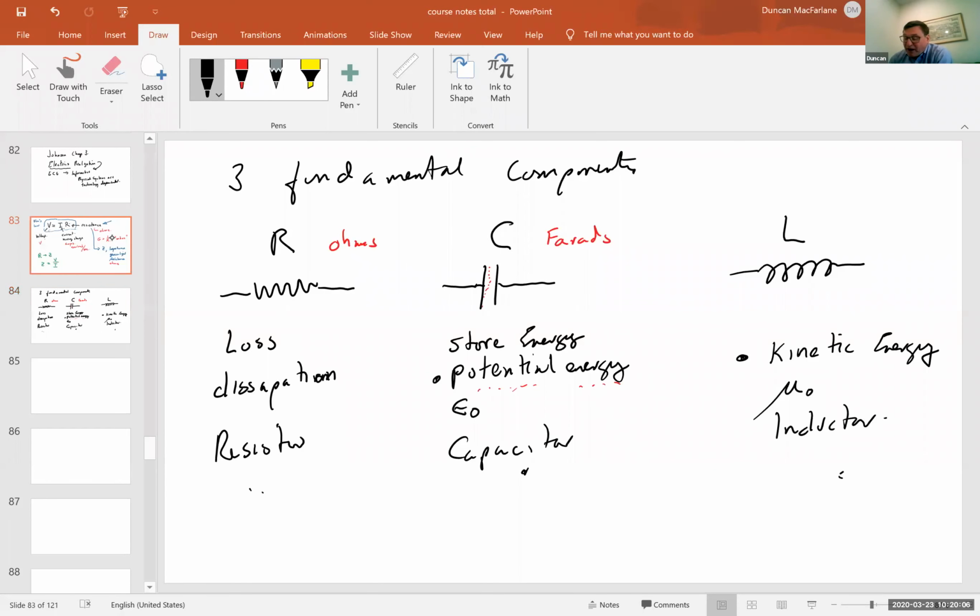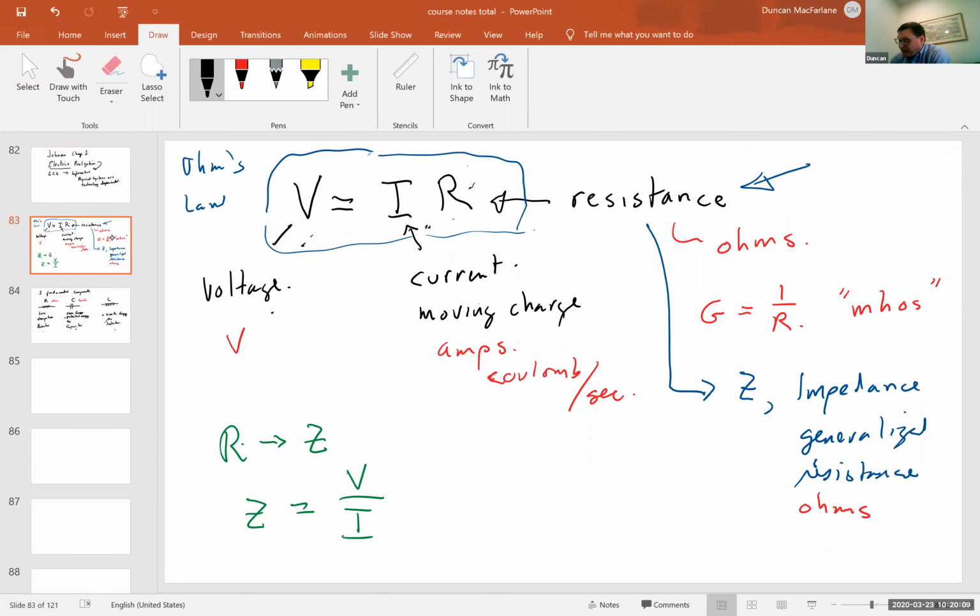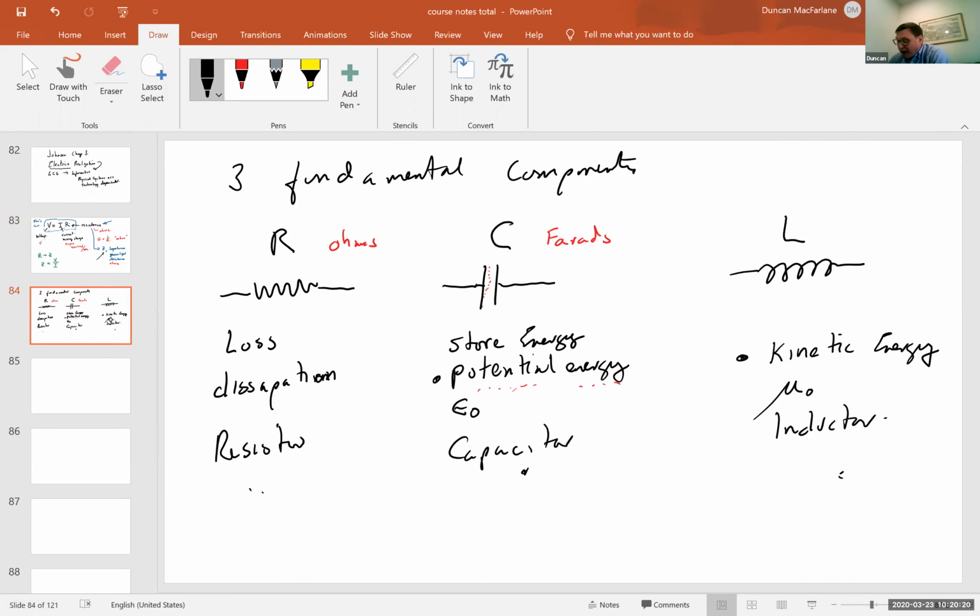Okay, I said that we were gonna generalize on the resistance. And so the next step to do is to find out how we generalize on the resistance for the capacitor and for the inductor.